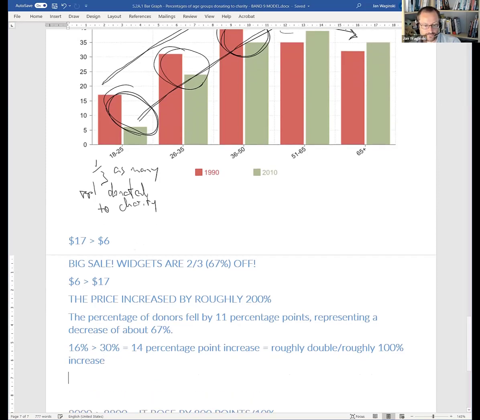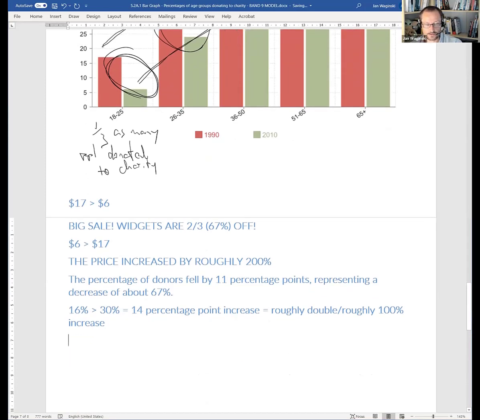Let me just give the same salary example I gave before. Hopefully this clarifies why we use percentage increase for comparisons and not percentage point. So again, employee A makes $10 an hour. Employee B makes $20 an hour.